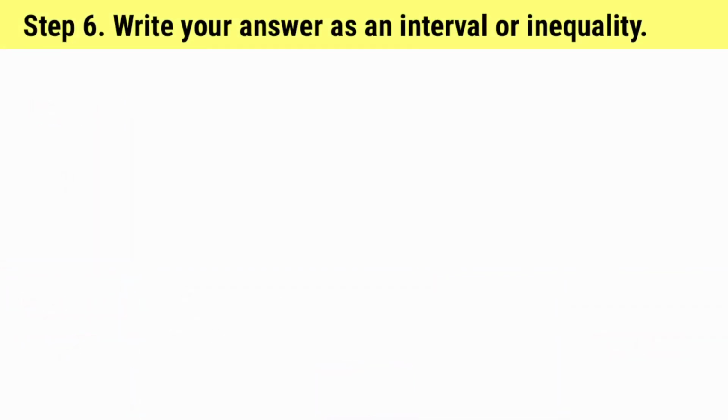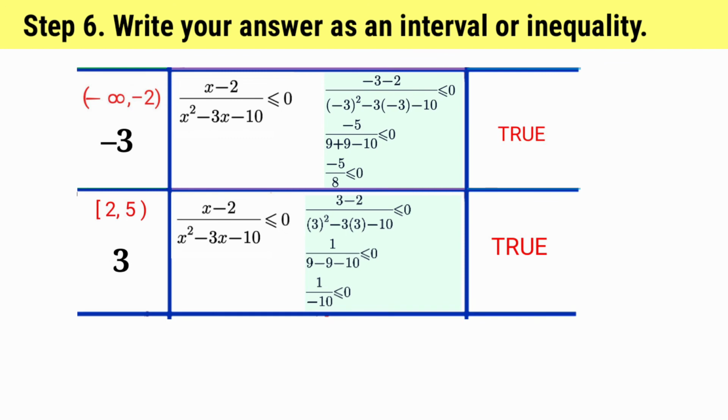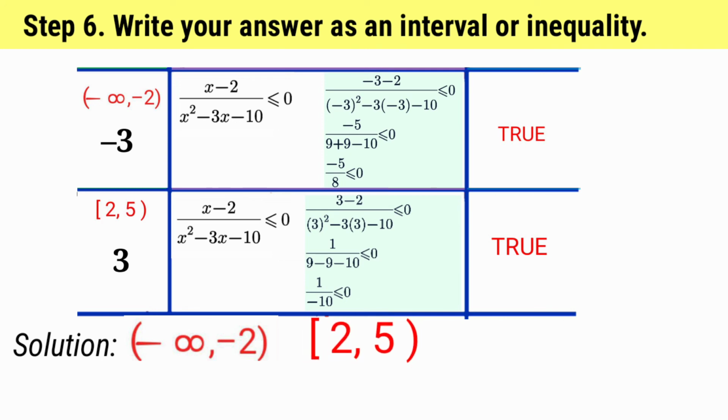Step number 6. Write your answer as an interval or inequality notation. There are two intervals that satisfy the given rational inequality: the open interval negative infinity to negative 2, and the left closed, right open interval positive 2 to 5.